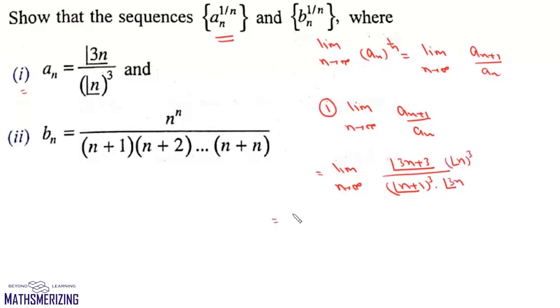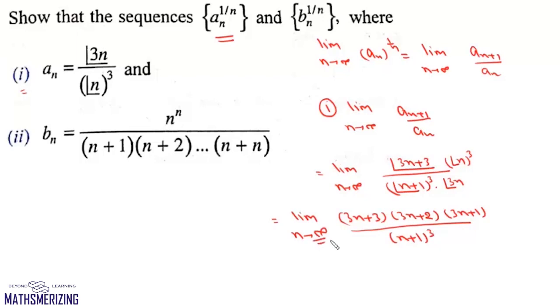Now we can write this as the limit as n tends to infinity, it will be 3n plus 3 into 3n plus 2 into 3n plus 1. Now factorial 3n will cancel, upon n plus 1 whole cube.